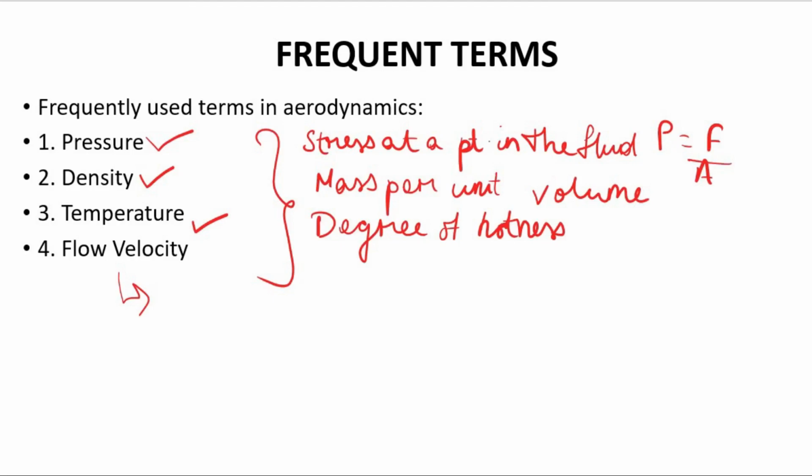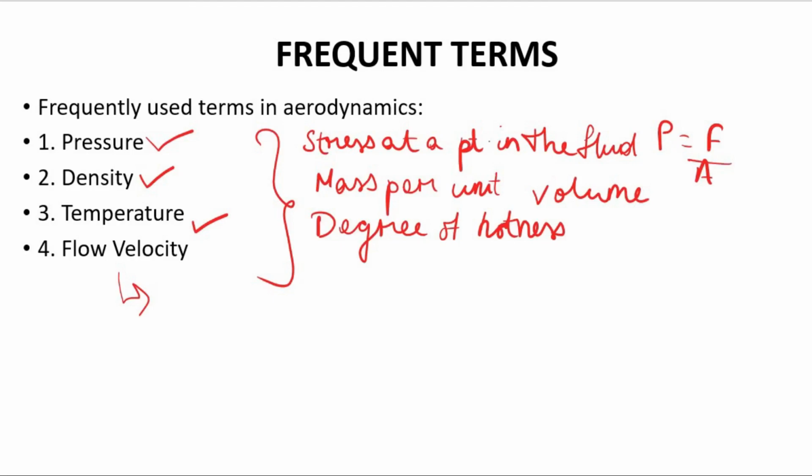Now, if we consider aircraft as our example, an aircraft flies in various regions. If you're flying from Mumbai to New Delhi, for example, in the season of winter, winters in Mumbai are different and winters in New Delhi are quite different. So temperature comes into the picture when you are flying in such different regions.